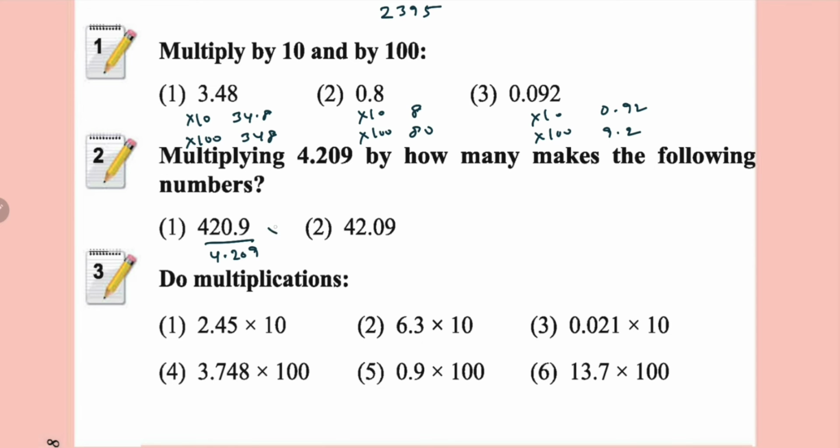So into 100 is the answer here. This is into 10. Okay, this is equal to 100 actually. So the answer is 100.